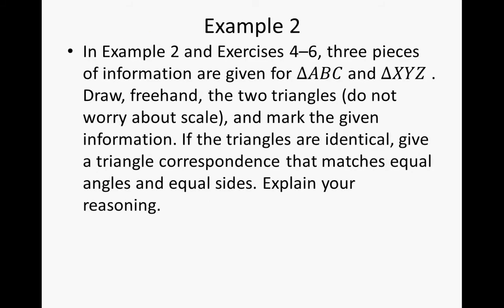Alright, example 2. In this example and the exercises that follow, we're going to be doing the same thing. This time we're going to draw the triangles given the information, and you're going to mark the triangles with the given information. If the triangles are identical, give the triangle correspondence and explain our reasoning.